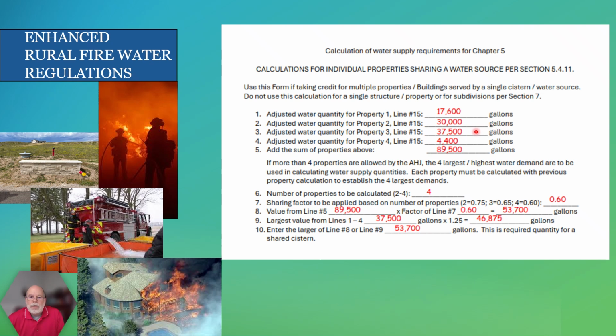So in no case are we going to be less than 125% of the worst case condition. However, in this case with the credits, it's based on mitigation and sprinkler factors and different considerations. Acreage comes into play. So the value of 53,700 gallons is going to be required.